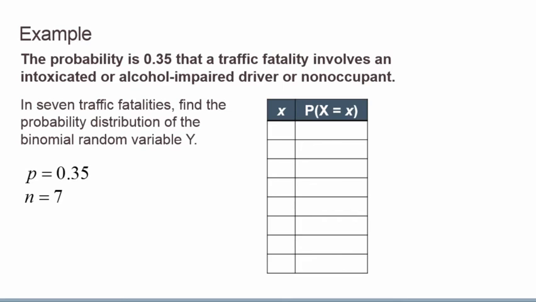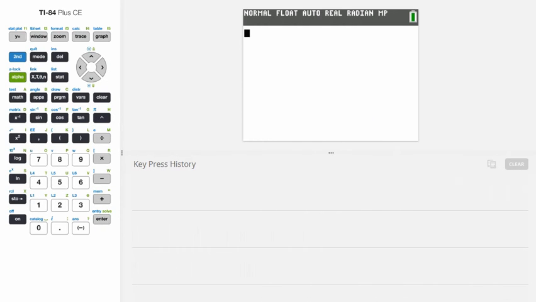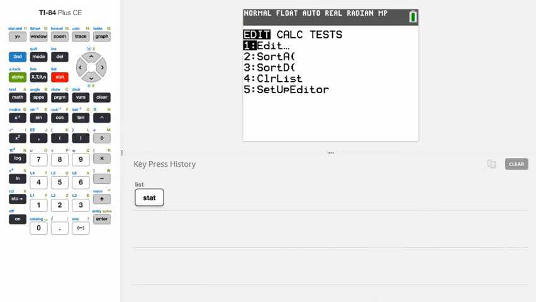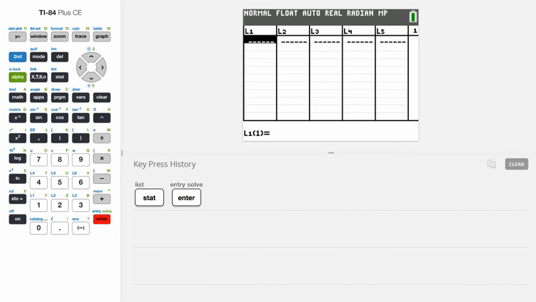Since n is 7, we're going to start at 0 and go to 7 for our discrete random variable. Now we want to find the probability for each of those values. So we're going to go to our calculator. We want to go to our stat menu and edit to put in our list.